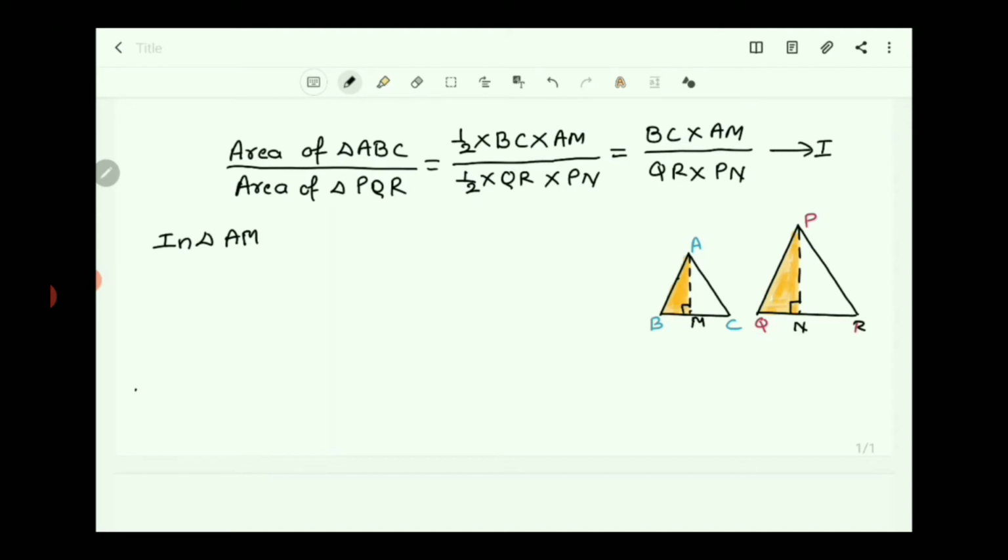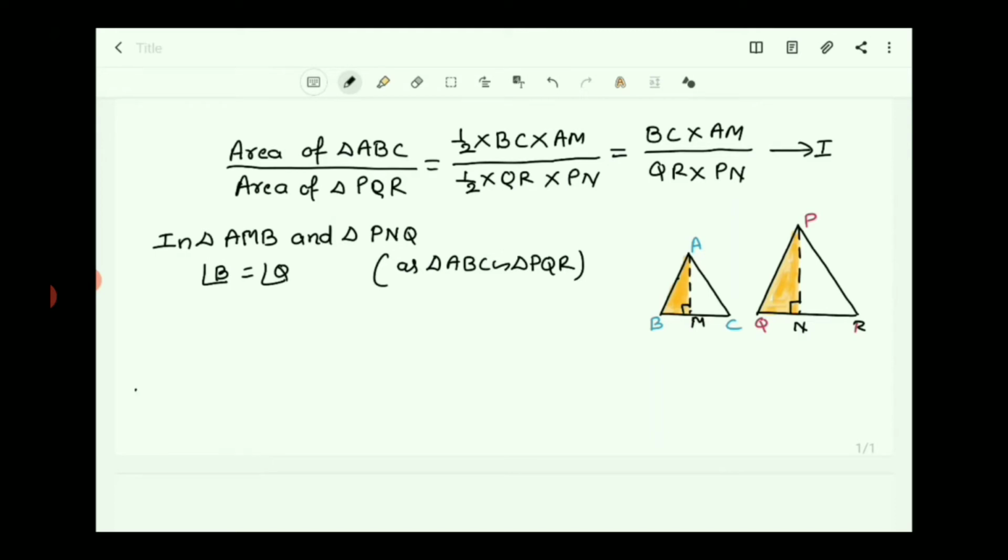In triangle AMB and triangle PNQ, angle B is equal to angle Q. Why? As triangle ABC is similar to triangle PQR, you know that the corresponding angles of similar triangles are equal. Therefore, you can write angle B is equal to angle Q.